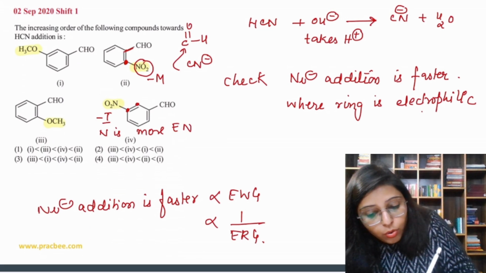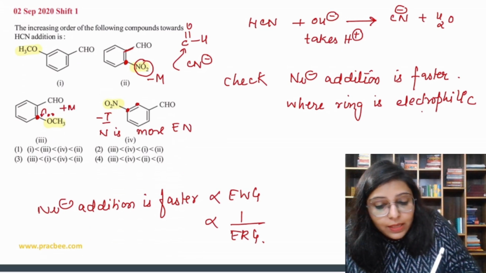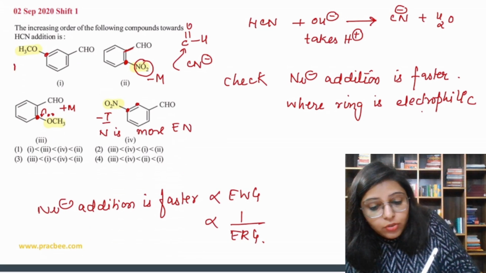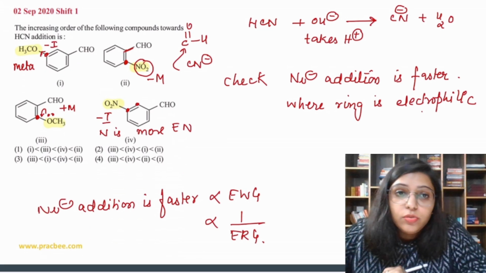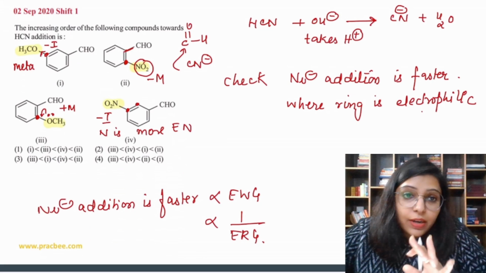Now we have OCH3. Oxygen has a lone pair, so it gives electron to the system, and we have the plus M effect. Again OCH3 at the meta position. So here oxygen is more electronegative, so we write the minus I effect. Understood? Because at the meta position we have to check the inductive effect. So the minus M effect is more dominating.